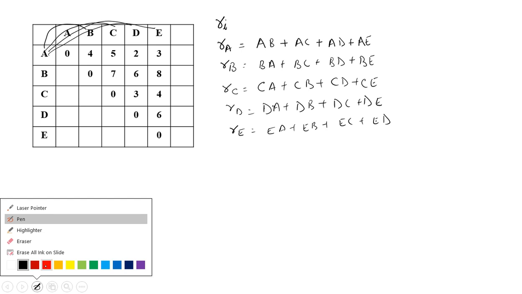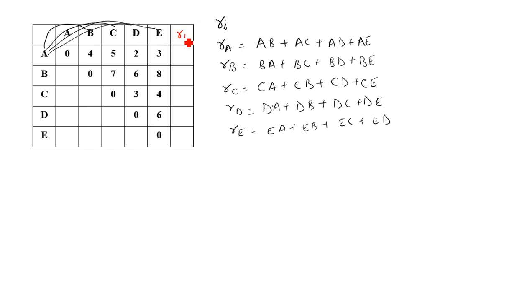So here we are calculating Ri. Let's calculate RA. I will do one, the rest you will do. I will write the values, the rest you will do. So RA in this case: AB is 4 plus AC is 5, AD is 2, AE is 3. So it is 5, 4, 9, 9 to 11, 11 and 3, 14.